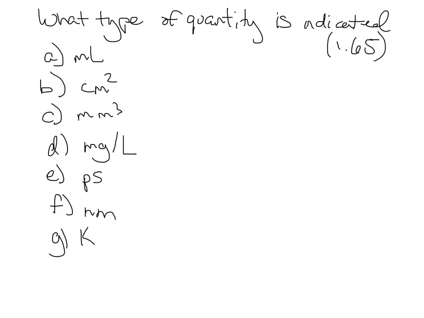So milliliters are used to measure what? Volume. Just the normal unit of centimeters is used to measure what? Length, but if it's centimeters squared, it's area, because I'm going to have a length and a width. What about cubic millimeters? That's a volume again.